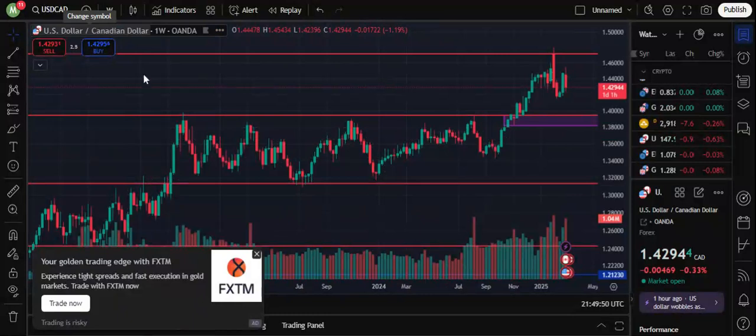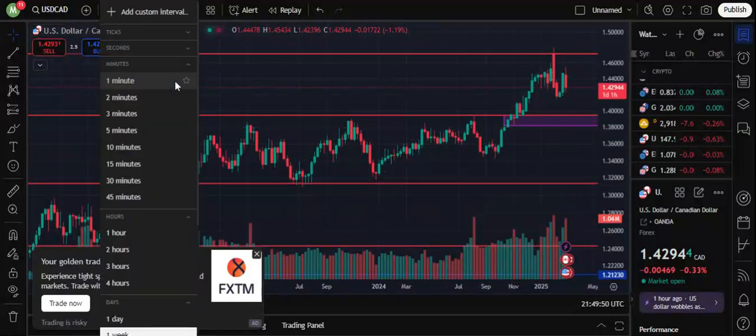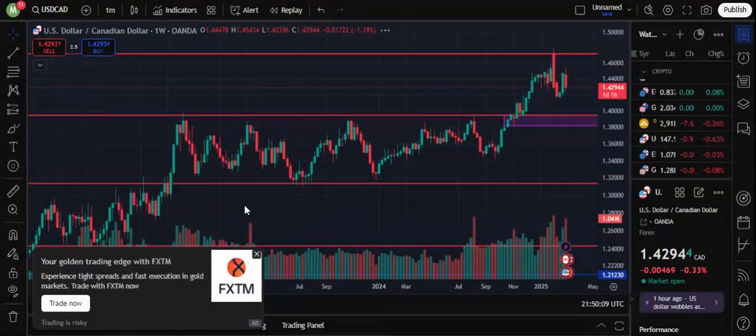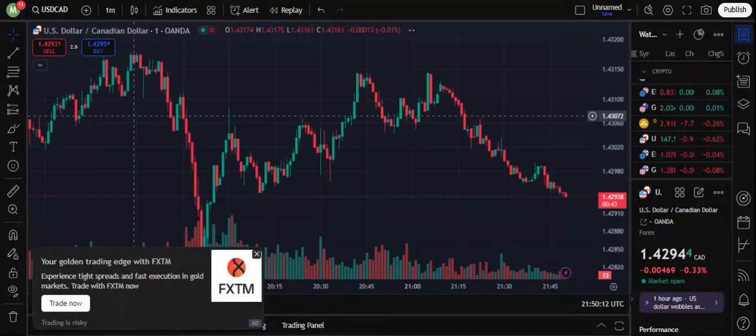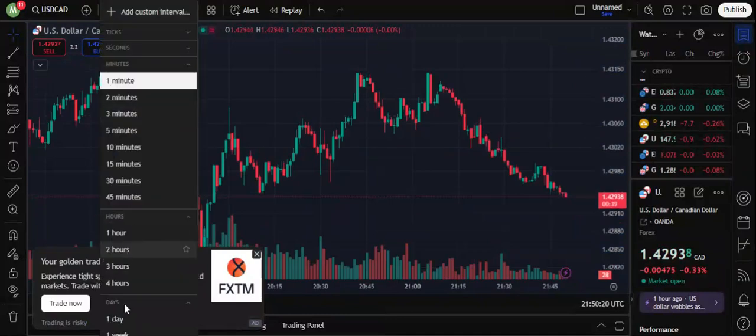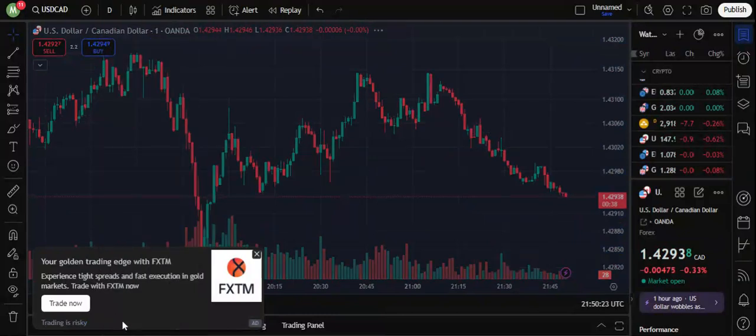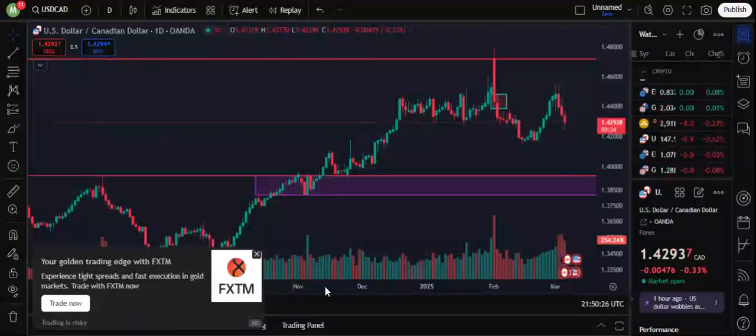Let's go down to the daily time frame and see what the price is doing. This is the daily time frame.